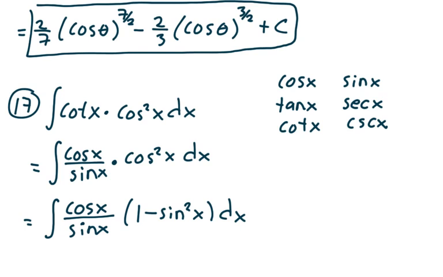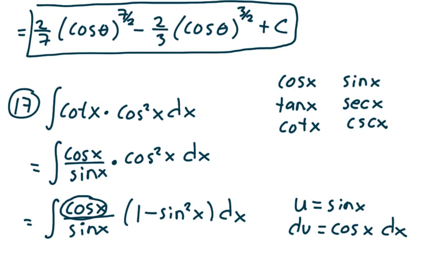Because look, u is sine of x, du is cosine x dx. And it's really slick. Now, cosine x dx is going to become du. So this is the integral of 1 over u times 1 minus u squared du.